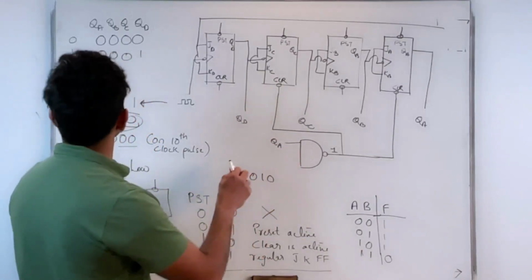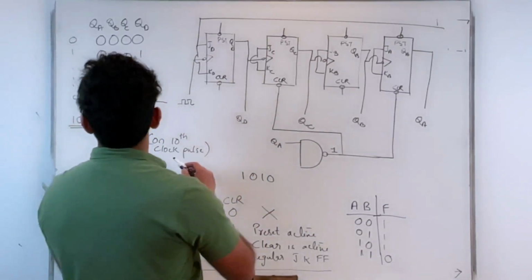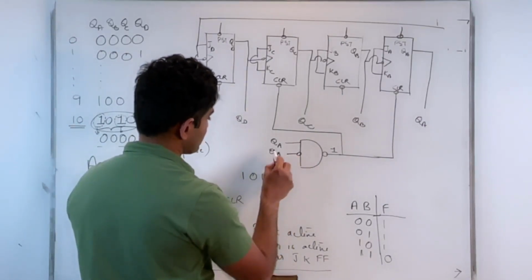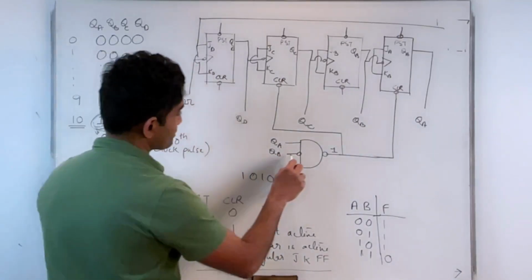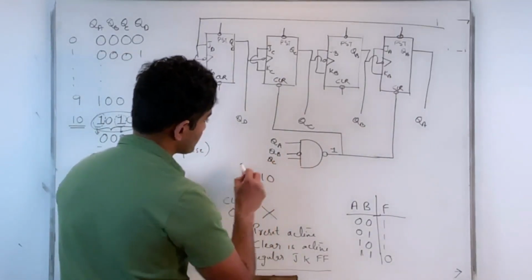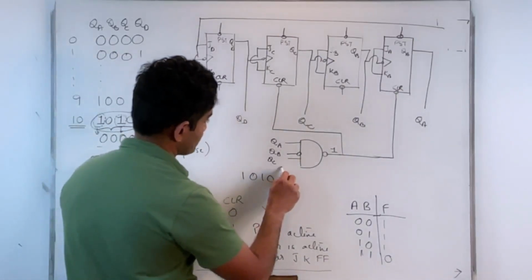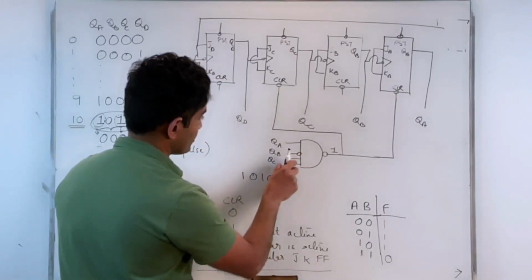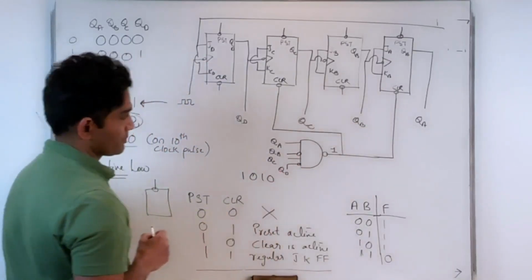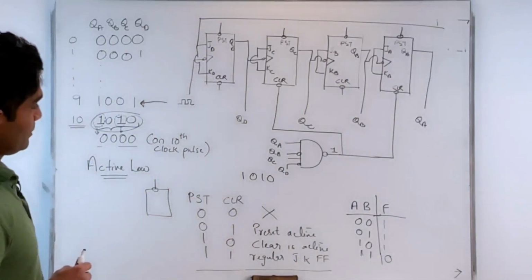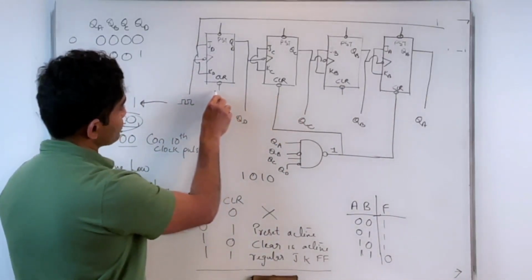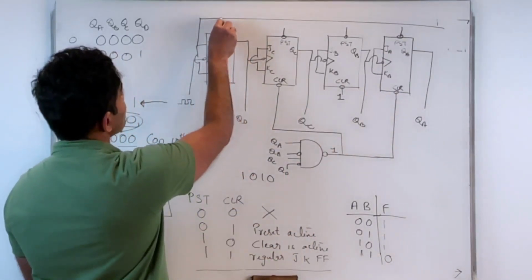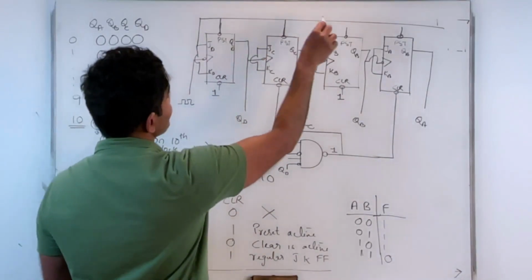That should be QA, QB prime, QC, and QD prime. Basically, these values should be 1s otherwise, and these should also be 1s because I don't want to preset anything here.